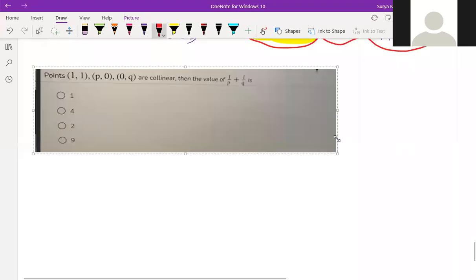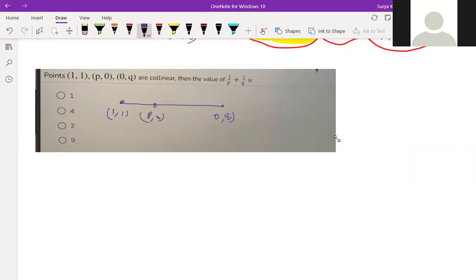No, I'm saying that for collinear points the area of the triangle is 0. Collinear means all points lie on the same line. So here 1, 1, p, 0 and 0, q are on the same line. The line can be slanting or vertical, anyway, no problem.